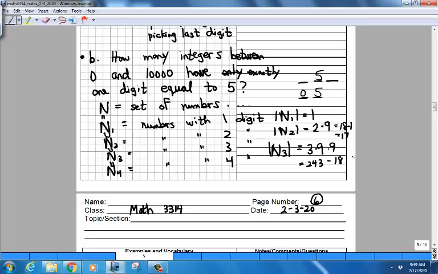Well, what does it look like N4 is going to be then? See how terrible this is? 4 times 9 cubed, subtracting off N2 and N1.